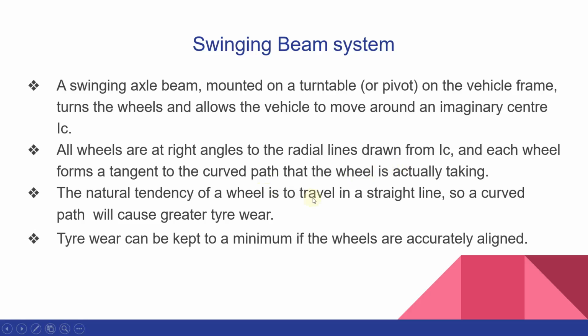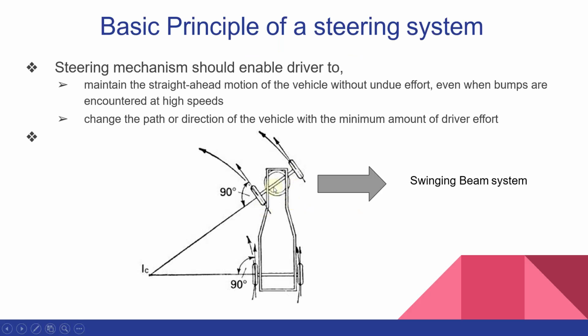The natural tendency of a wheel is to travel in a straight line, so a curved path will cause greater tire wear. In this case, you can see that both these tires are at the same angle, but while undergoing a turning motion, the velocities of the inner wheel and the outer wheel should be different.